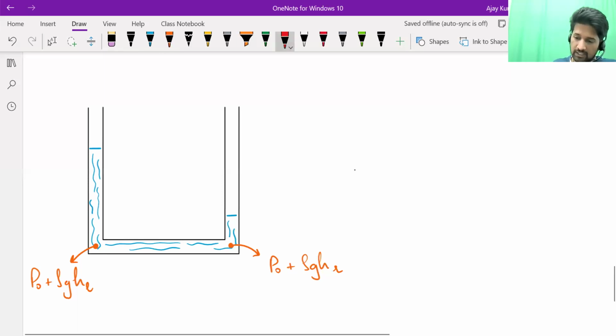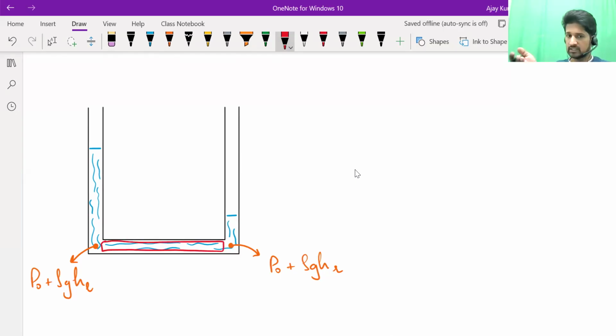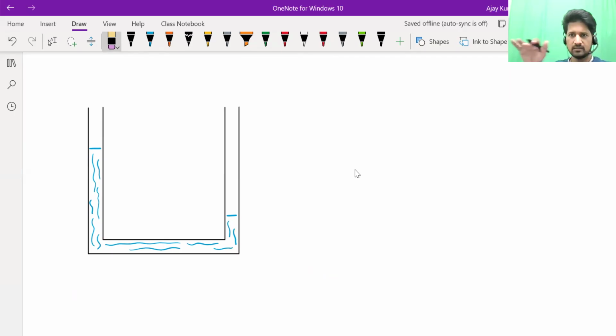And if these pressures are not equal, this part of the liquid between these two points cannot be in equilibrium. Left side pressure is more than right side pressure, so it will move to the right side. Fluids naturally flow from high pressure to low pressure. So that adjustment will keep on happening till the pressures become equal. At a given horizontal level, having a continuous fluid, the pressures have to be equal. So this level will come down a little bit, this will rise up a little bit, and they will settle such that the level of liquid is the same on both sides.